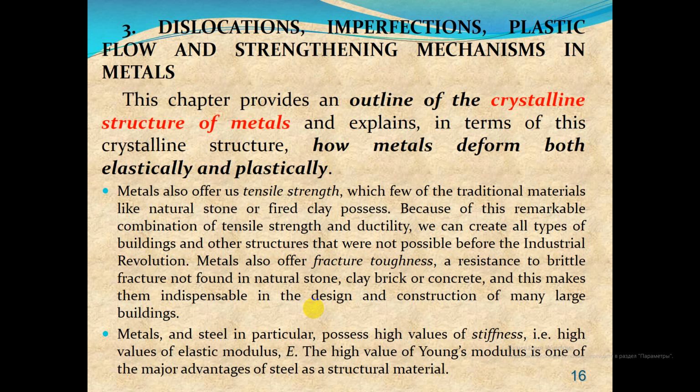Metals also offer fracture toughness, a resistance to brittle fracture not found in natural stone, clay, brick or concrete, and this makes them indispensable in the design and construction of many large buildings.